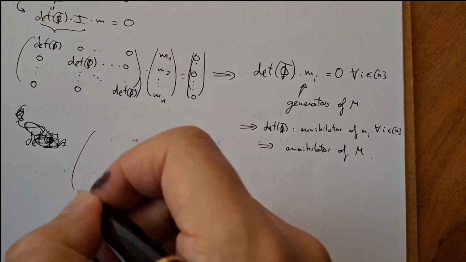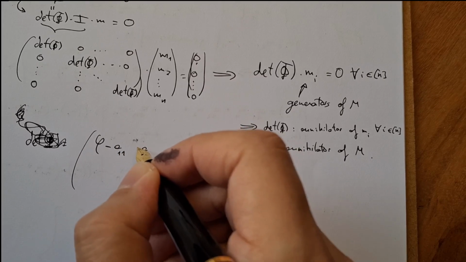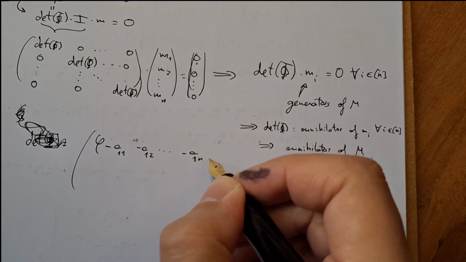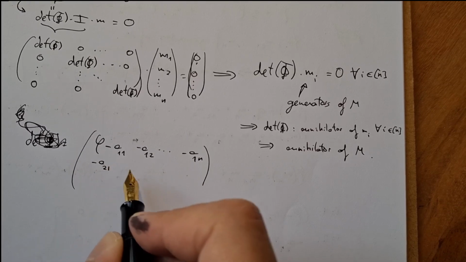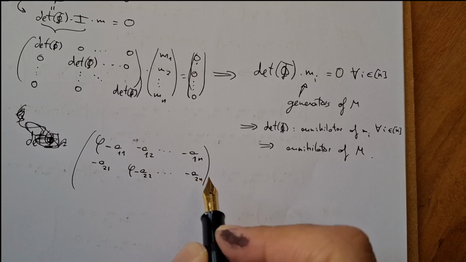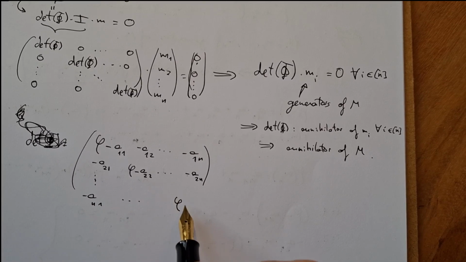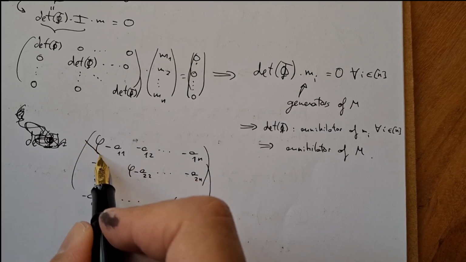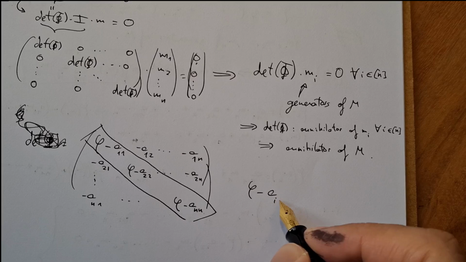So recall, psi had this shape of psi minus a sub 1 1, minus a sub 1 2 till minus a sub 1 n, then minus a 2 1, psi minus a 2 2, till minus a 2 n, then minus a n 1 till psi minus a n n, so that we had this diagonal where it's psi minus a i.